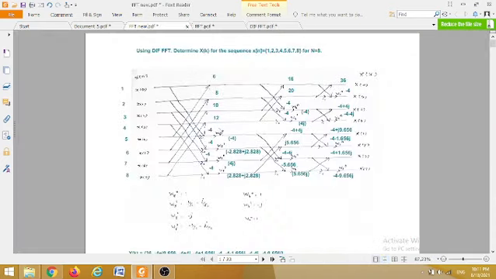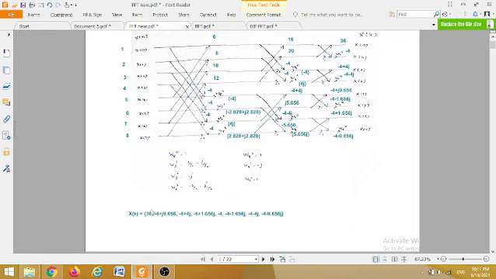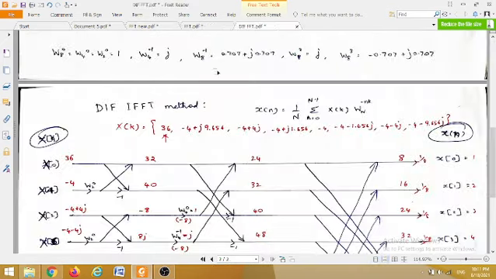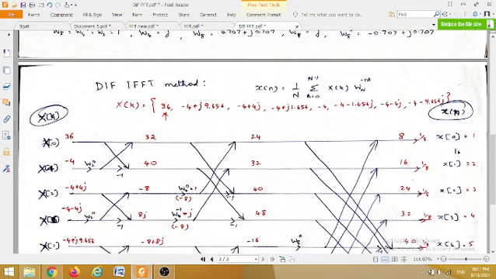So we got the same output here. Okay. The output that we obtained in the previous method, we use the same output and give it as the input for the IFFT, and then we have to get the required output x of n. X of n would be known to you as 1 2 3 4 5 6 7 8.